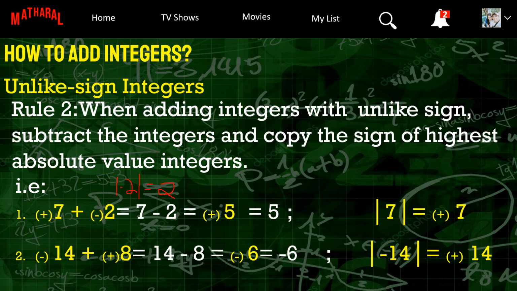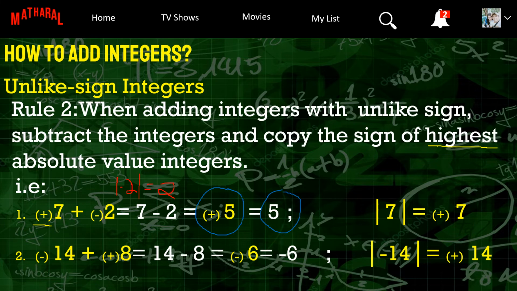So that is why, titingnan mo yung sinabi na the highest absolute value of the integers is 7. So ano ba yung sign ni 7? Di po ba positive? So that is why susundin natin yan. Ang magiging sign po ng ating sagot diyan ay positive 5. So since it is a positive integer, you can rewrite it as 5 na lang po.